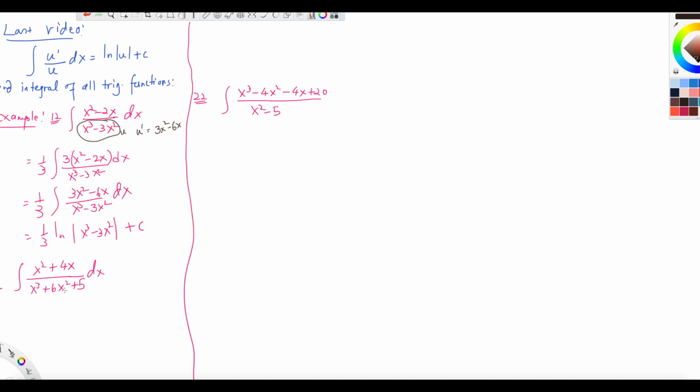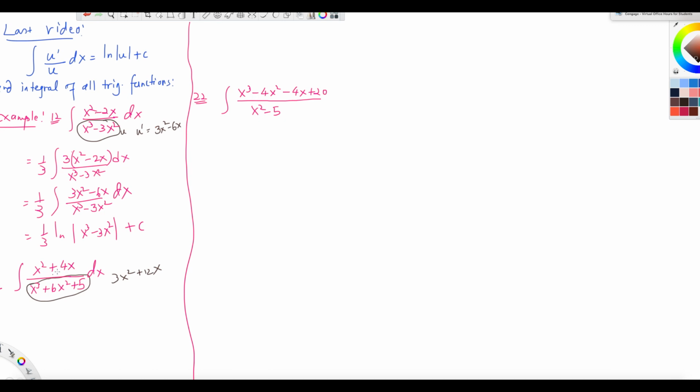All right, let us do one more example here. Look at this. So what is in the denominator? There is x cubed plus 6x squared plus 5, right? If you find the derivative of the denominator, what do you get? You get 3x squared plus 12x, right? But do we have 3x squared plus 12x on the numerator?